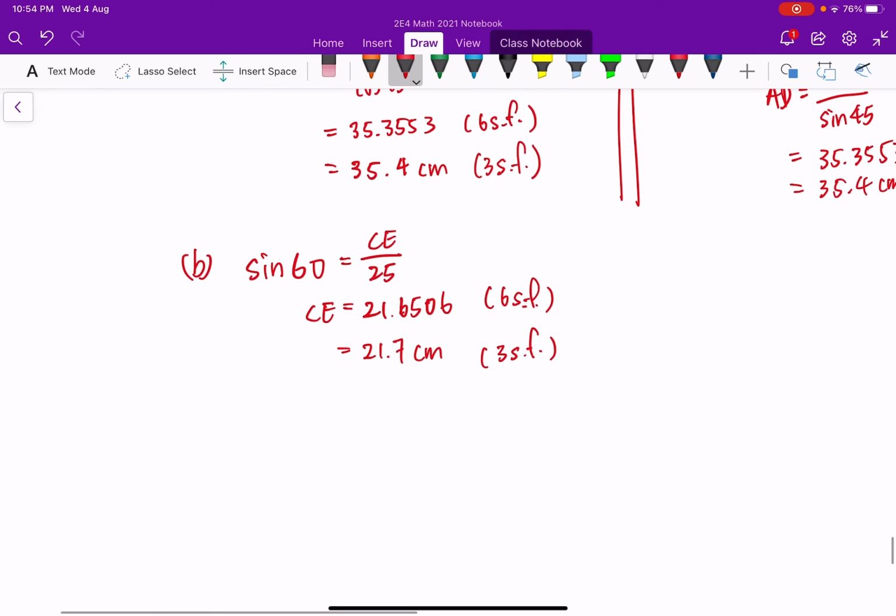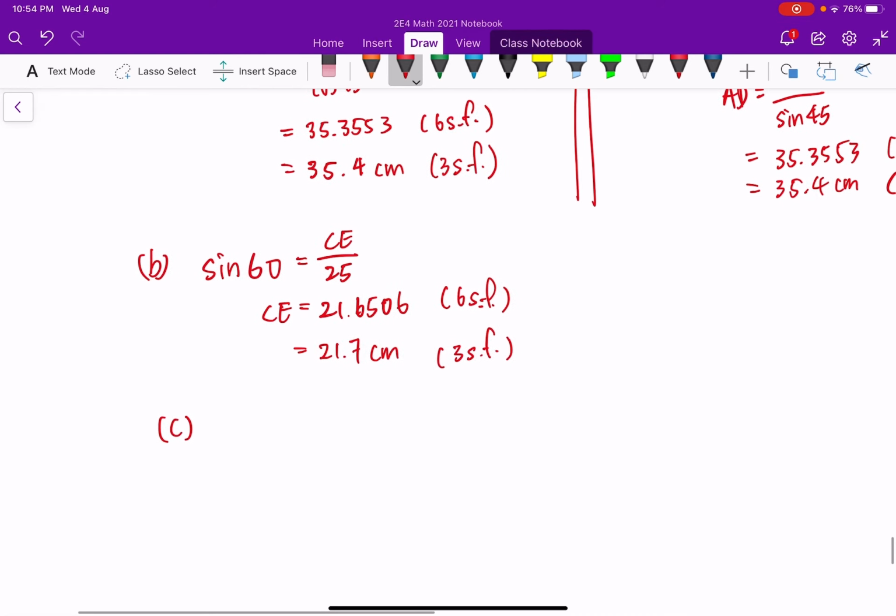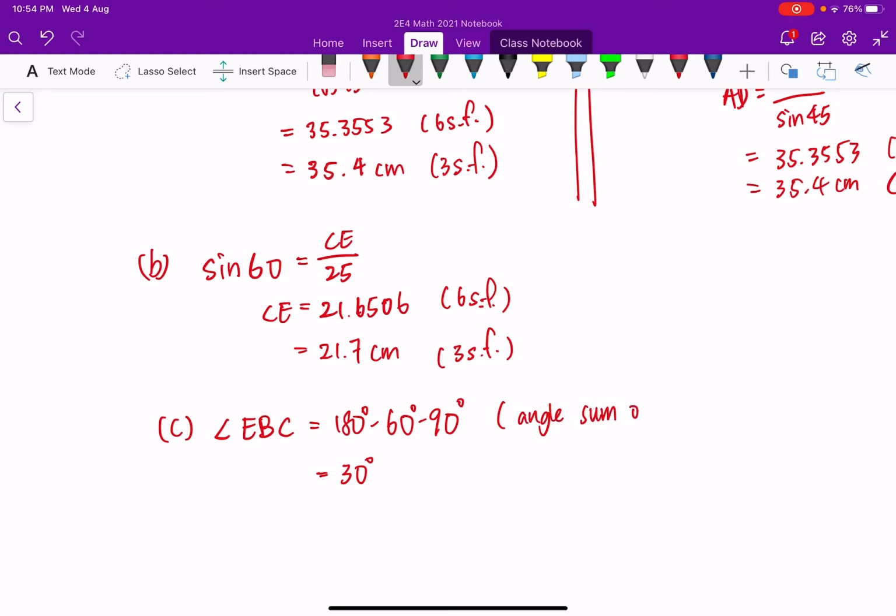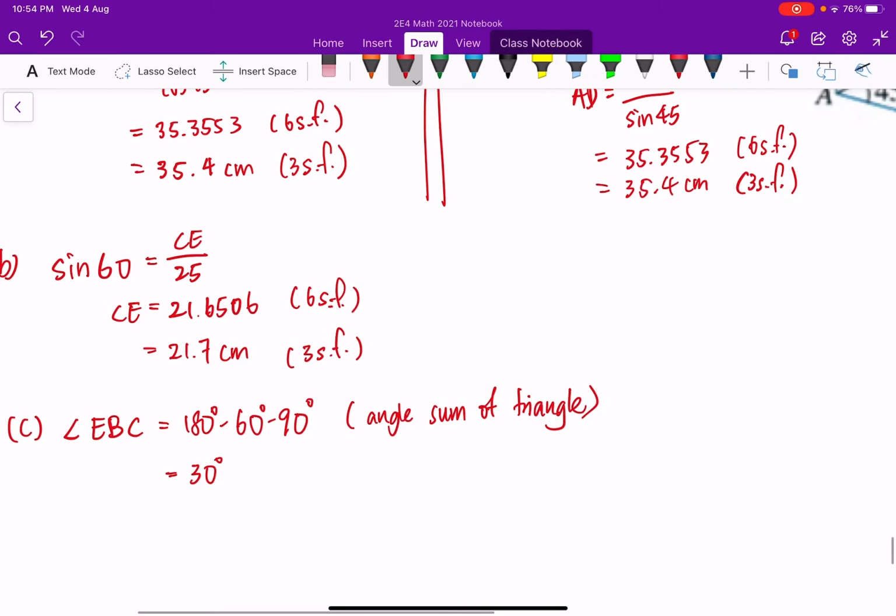You can pause the video and look back if you are not too sure. Let me just write the working down for you. I can find out the angle EBC. It will be 180 degrees minus 60 degrees minus 90 degrees. I get that EBC is 30 degrees. The reason is because of the angle sum of a triangle.